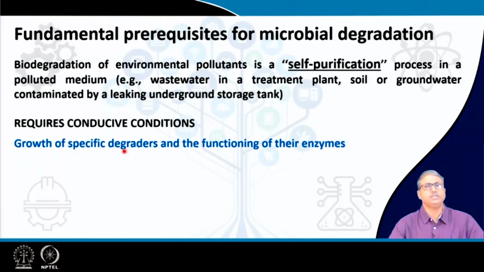Whereas, in case of engineered bioremediation, we have learned that there could be biostimulation through adding different nutrients or electron donors, electron acceptors, etc., which facilitates the existing microbes to degrade the pollutants. Or we can add selected efficient biodegrading organisms, that is called the bioaugmentation.